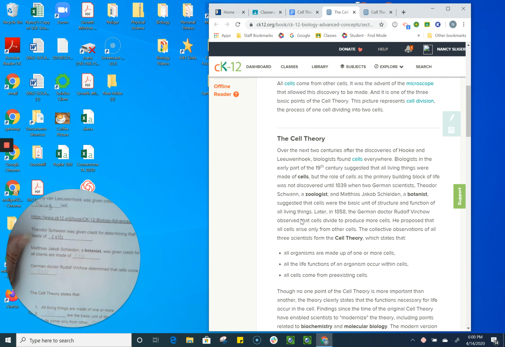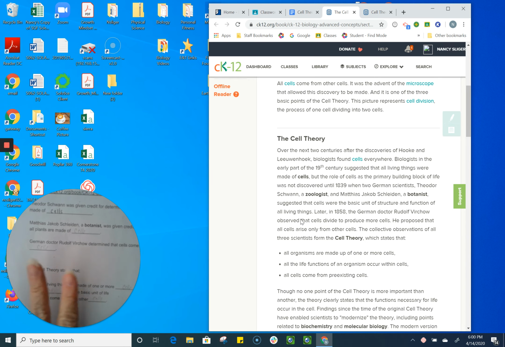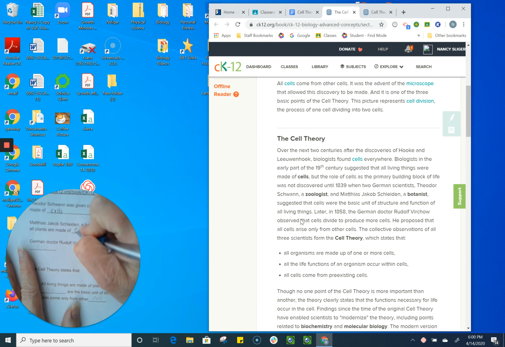The way I remember that is Schwann sounds like swan, so he said that all animals were made of cells. Schleiden has an L in it, and so does plants. I'm kind of stretching there, but that's how I remember that. Schleiden said that all plants were made of cells.